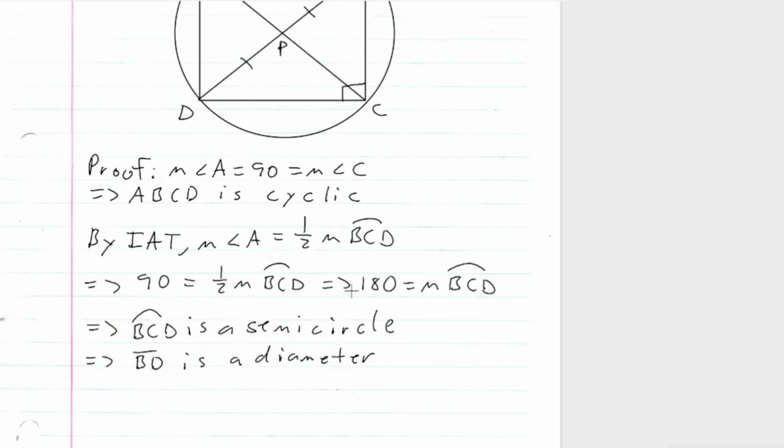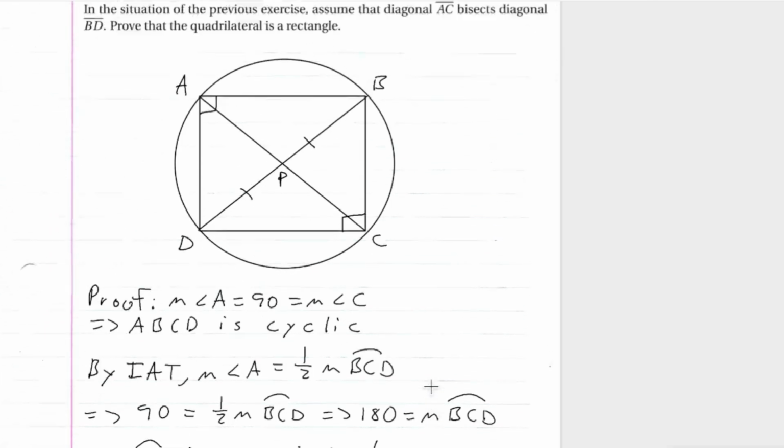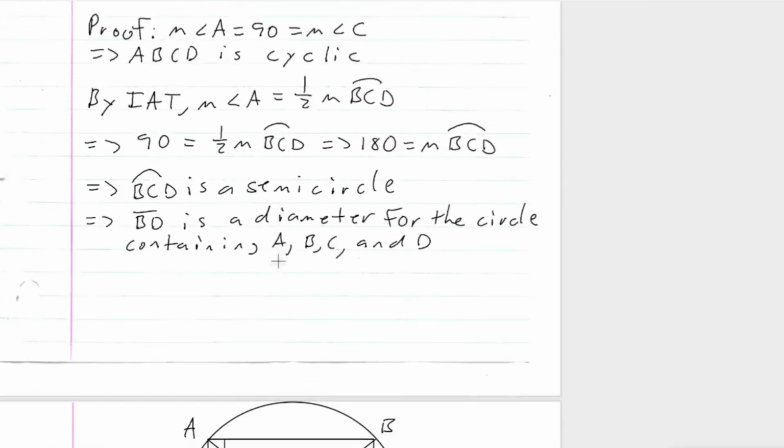All right, for the circle containing A, B, C, and D, right? Of course, now it's going to come into play that AC bisects BD, right?